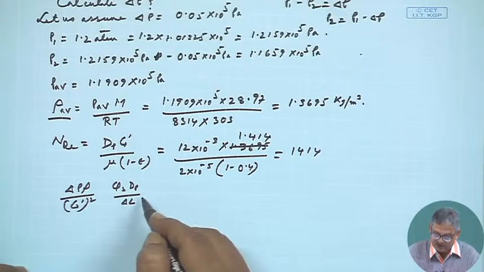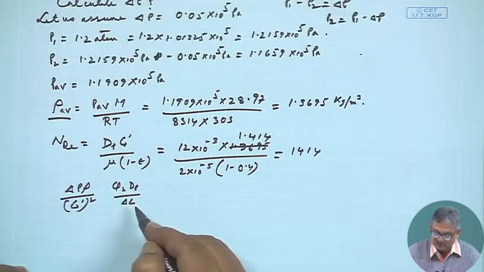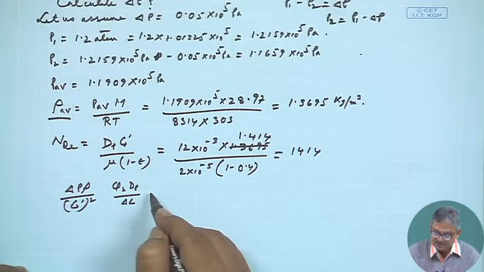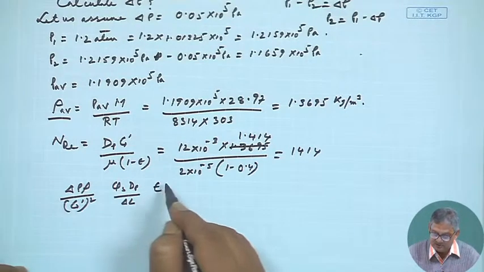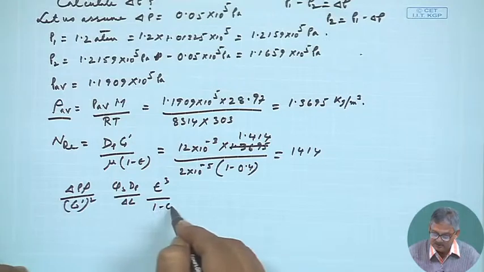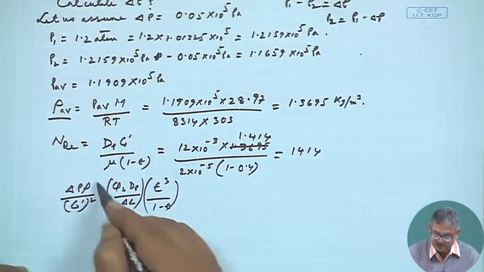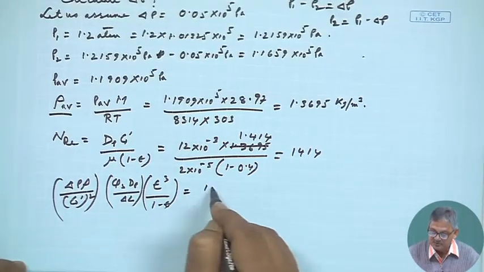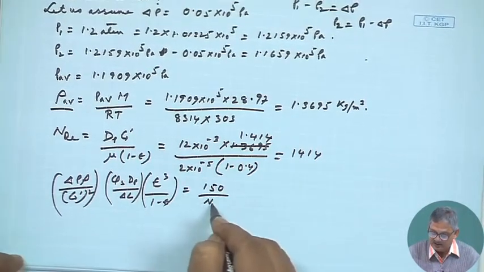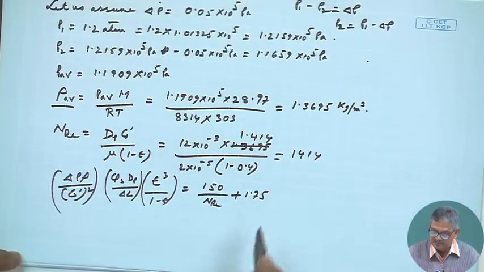This is another epsilon cube by 1 minus epsilon, right. So this 3 term into this is equals to 150 by NRe plus 1.75.